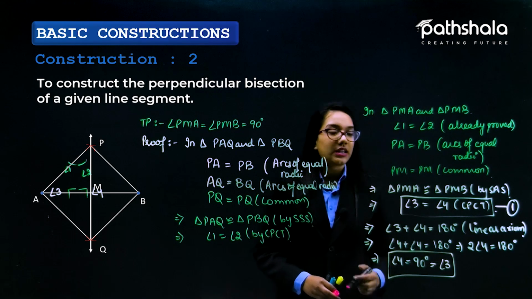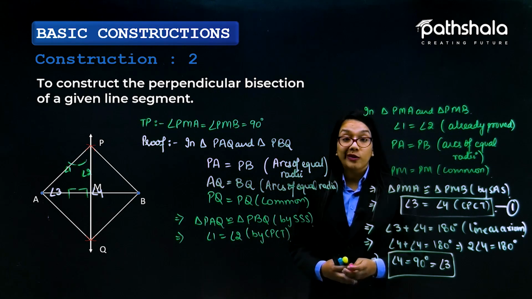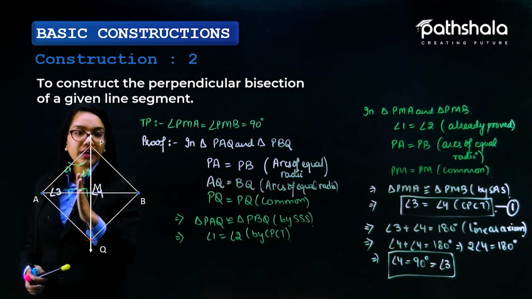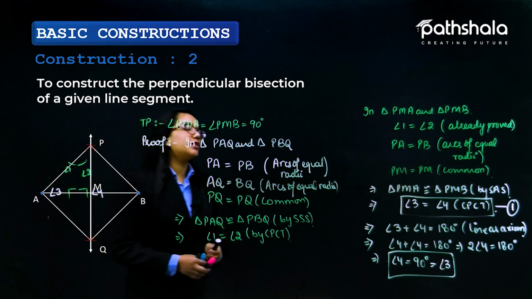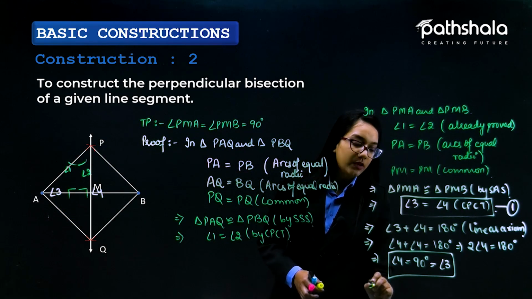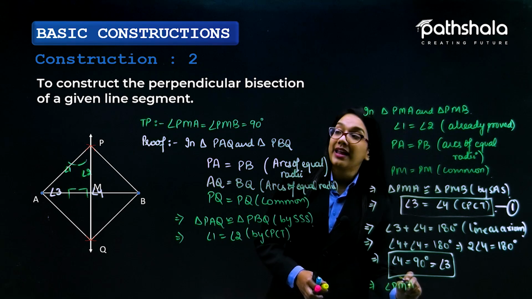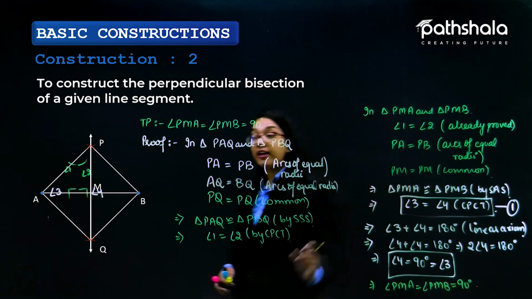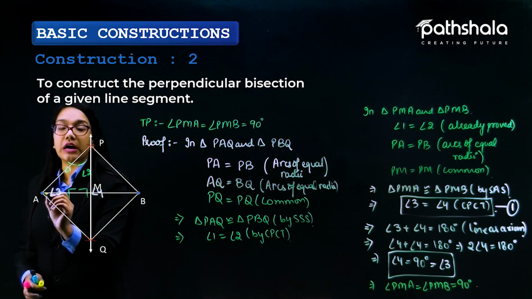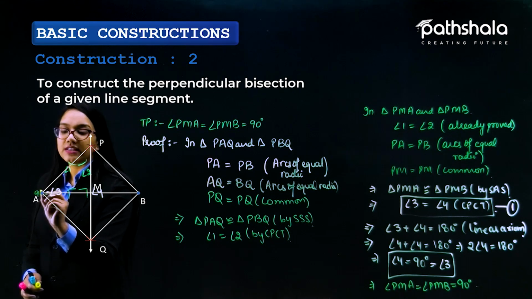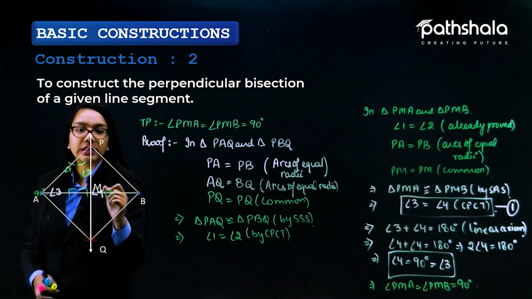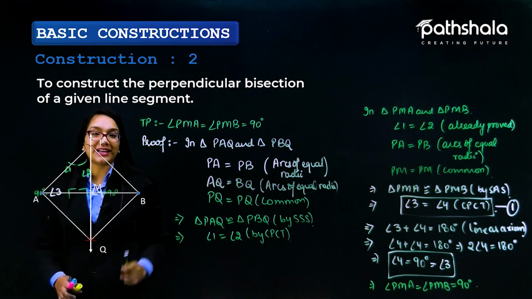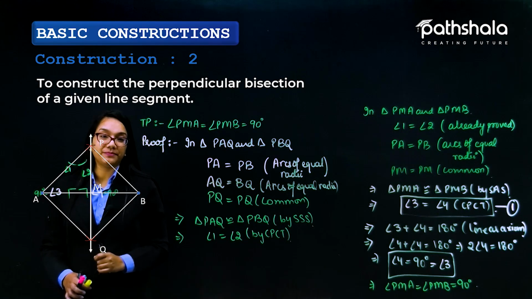And this is the thing that we wanted to prove: that the angle PMA and the angle PMB are 90 degrees. So at the end, from this result, we can say that the angle PMA is equal to the angle PMB, which is equal to 90 degrees. And if the angles formed over here are 90 degrees, then definitely this PMQ is a perpendicular bisector of this line segment.